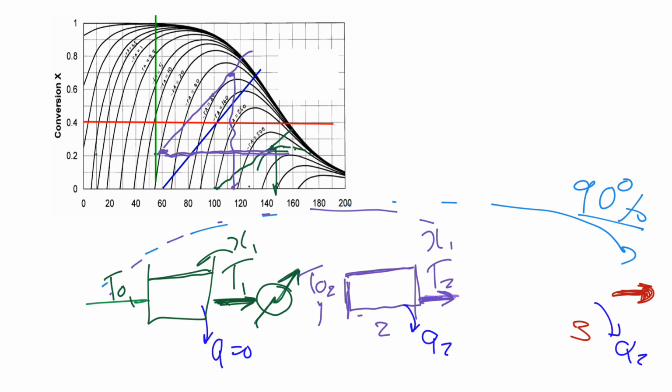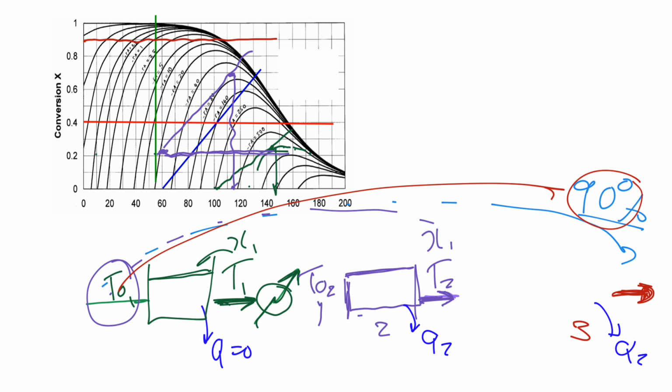Remember in this figure, all of the conversions are based on the inlet concentration or the inlet molar flow rate of component A. So now we're at that position, and I know that I must stop there on the 90% overall conversion line. So my last reactor must target this maximum in the rate over there. I know the slope of my energy balance, so I can work it in reverse and say, this is the slope of the energy balance, therefore I need to cool down to this inlet temperature.